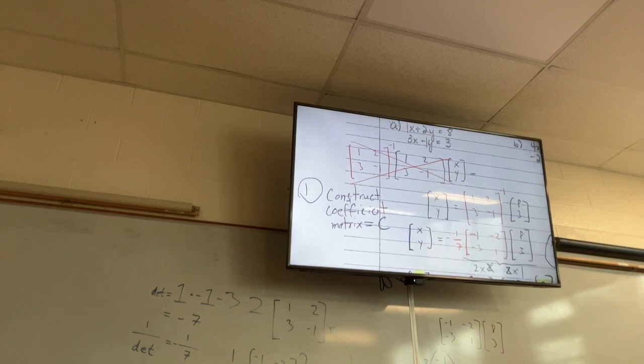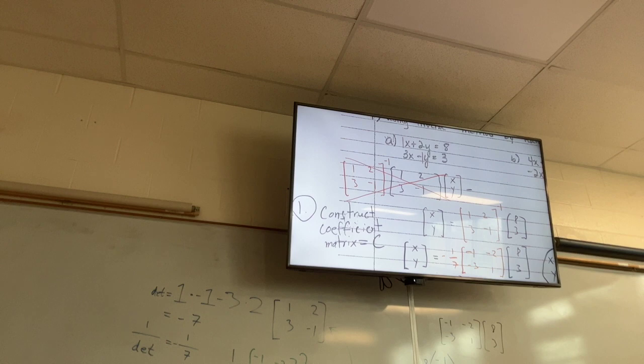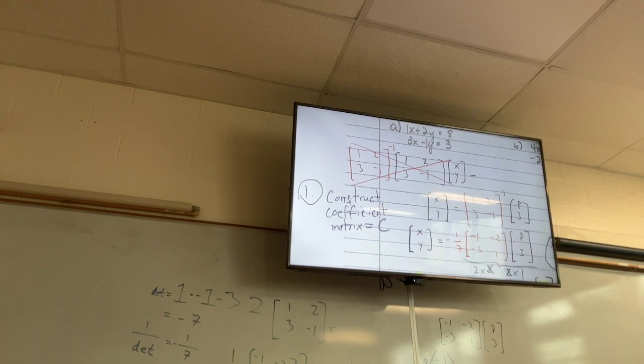Do you guys know what I mean? Are you following what I mean by the coefficient matrix? It's just the 2 by 2 with all the coefficients. Step 2, calculate C inverse.